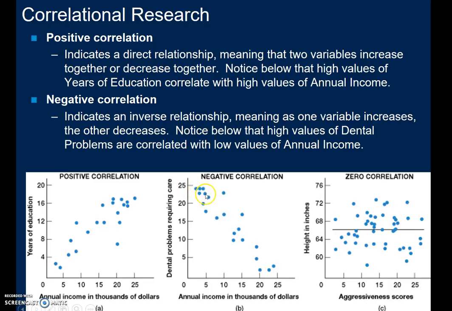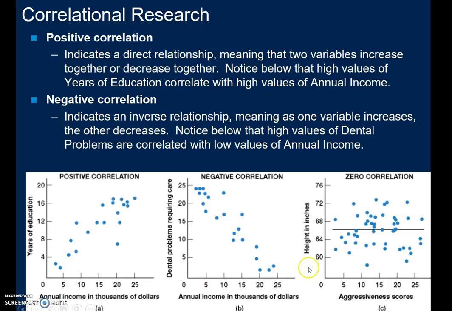See these dots up here are all related to high values of dental problems, and they are also correlated with low values of income in thousands of dollars. So what we could say here is basically people who have more dental problems tend to have a lower income. So more dental problems correlated with lower income.